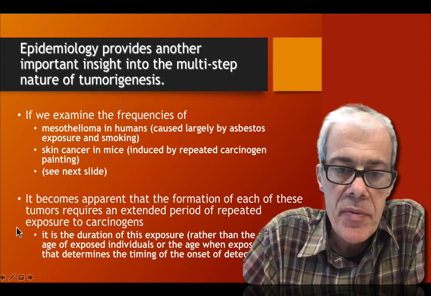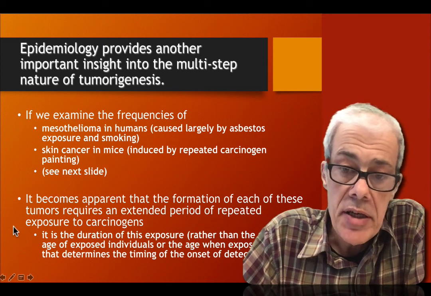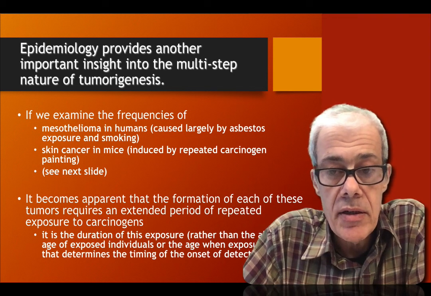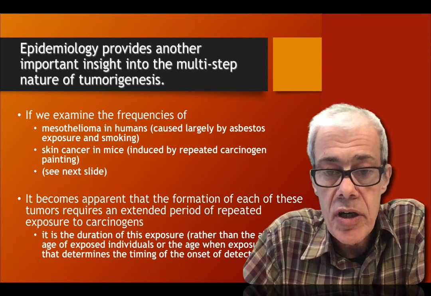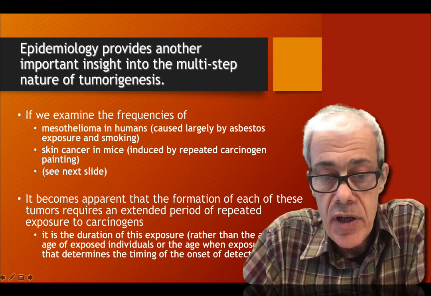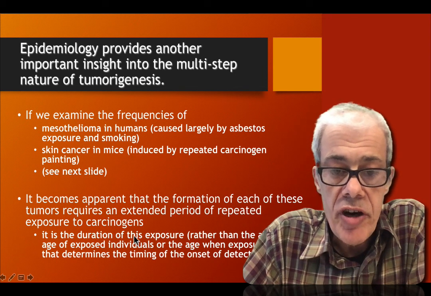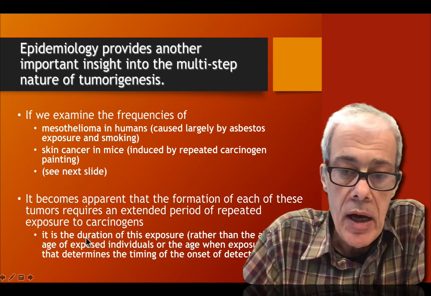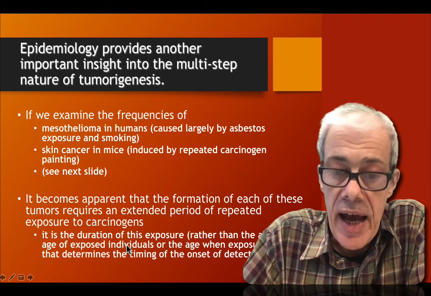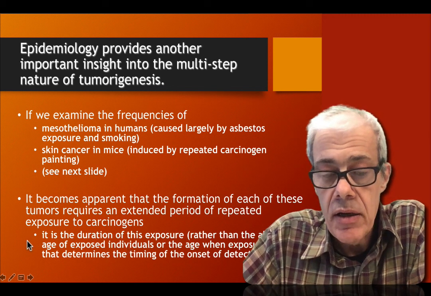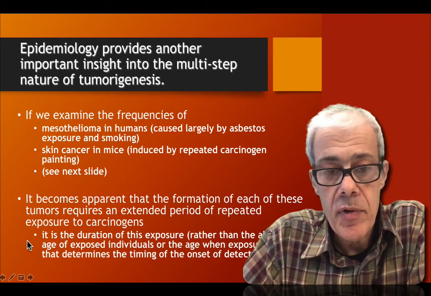And it becomes apparent from these studies, which support the multi-step hypothesis, that you need repeated exposure over extended periods of time. And it's the duration of the exposure rather than the absolute age of the individual that's important in driving the process.